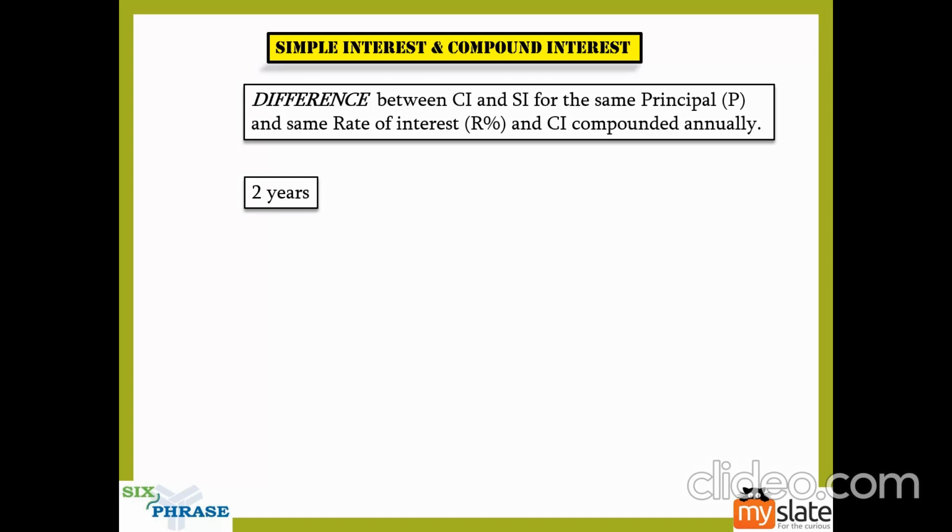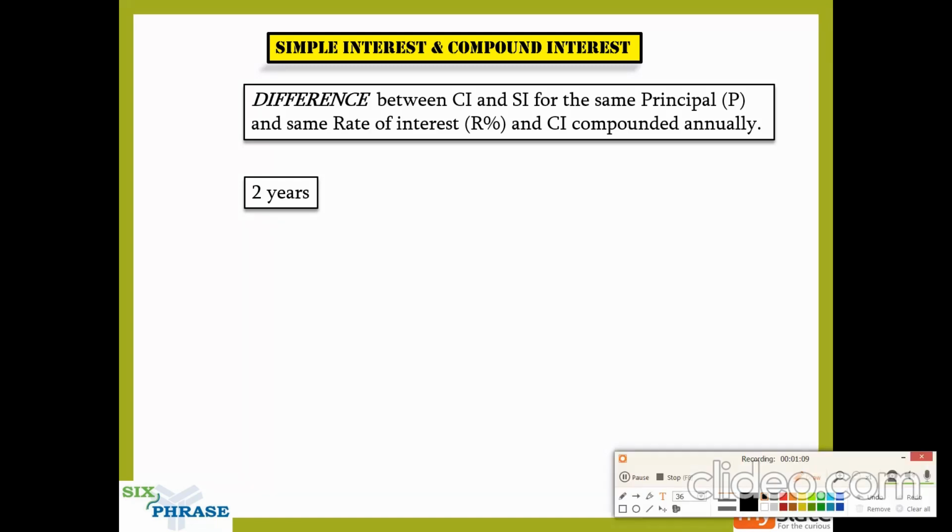Okay, usually the format will be like this, where you will be given that you have to find the difference. This is the first thing they'll tell you. They'll tell you to find the difference between CI and SI, compound interest and simple interest. You always know compound interest is always greater than simple interest, right, guys?